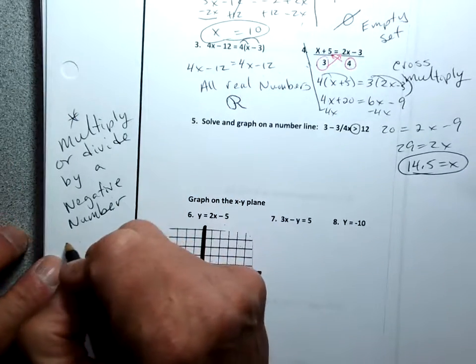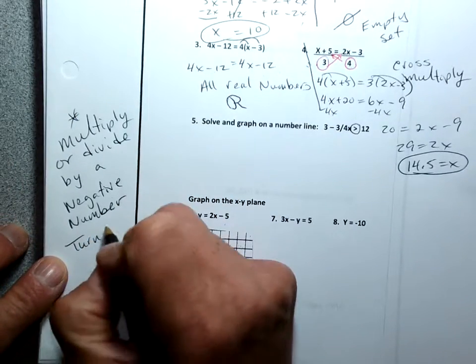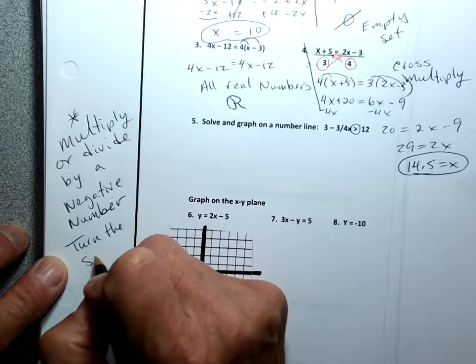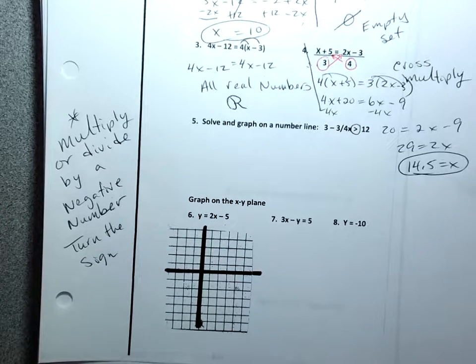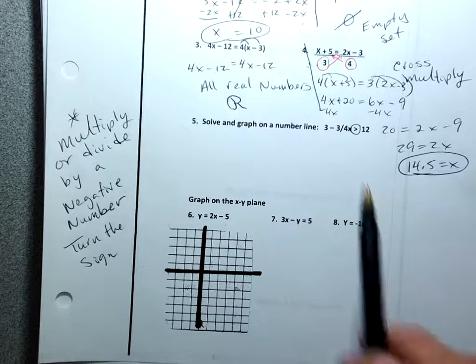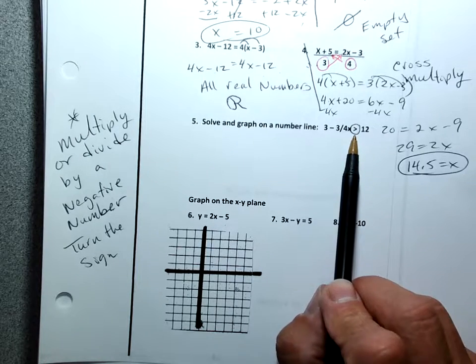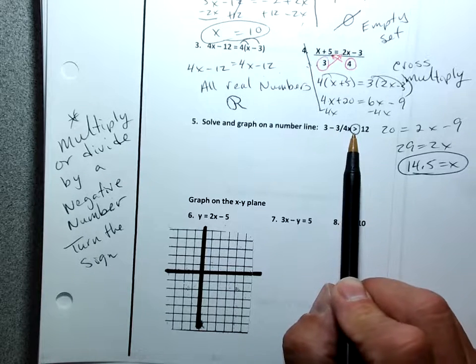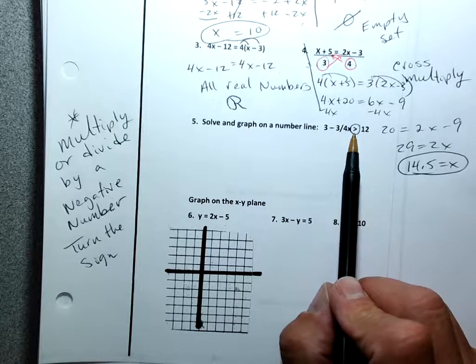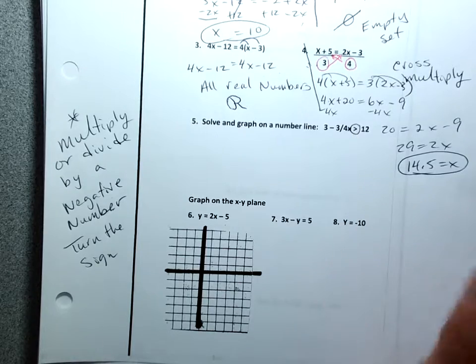Okay, so I turn the sign. So a rule in math, whenever you have a greater than or less than symbol, whenever you multiply or divide by a negative, you're going to turn it. So eventually I'm going to divide by a negative, so I'll have to turn this. I will change it from a greater than to a less than. Eventually. Let me work it through, and I think you're going to see that, okay?